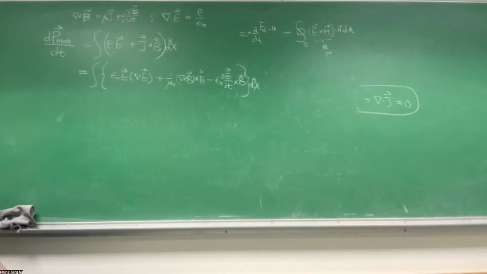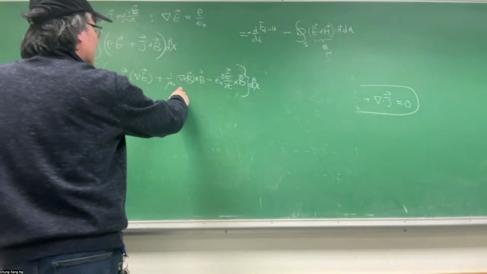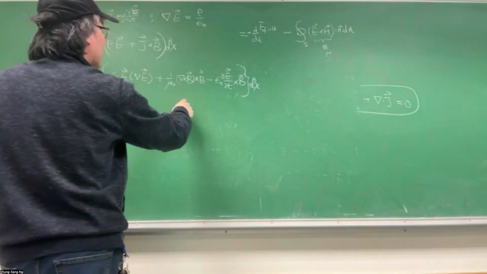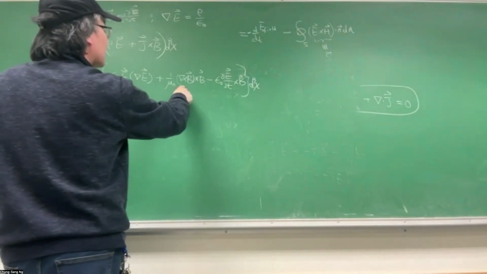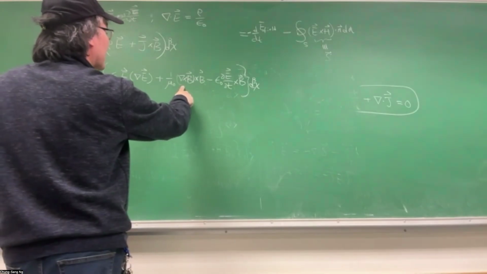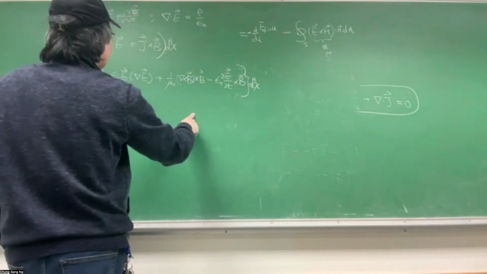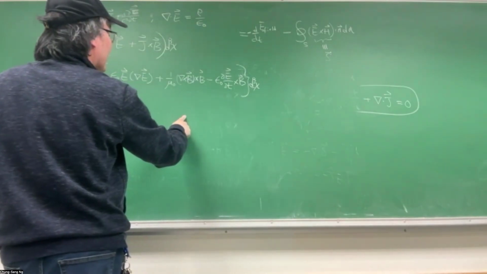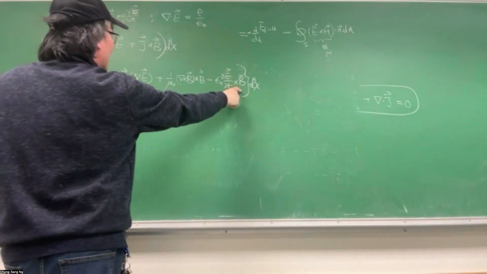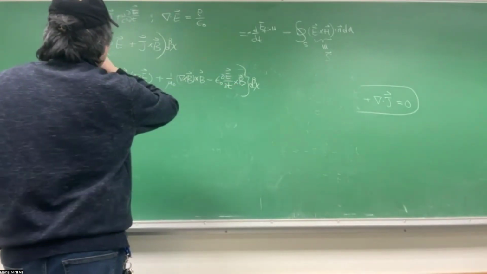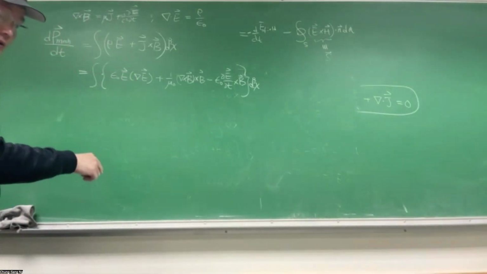One thing you can do is use the curl of... no, this seems to be fine. We'll work on that later. The other term needs partial B partial t, and now you need the curl E. Where is the curl E?